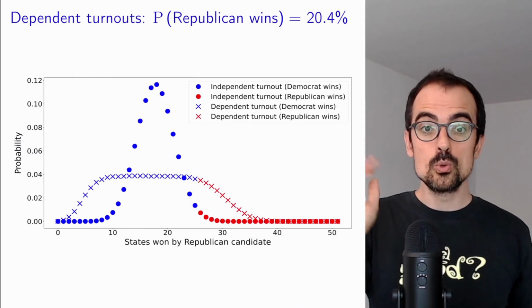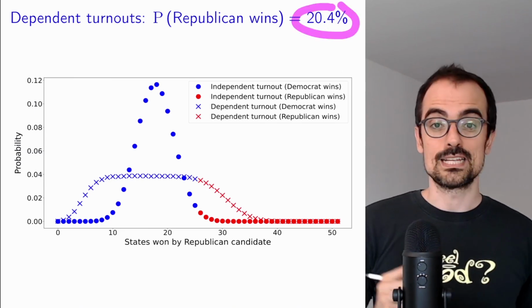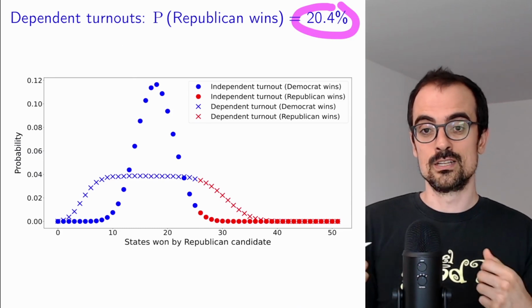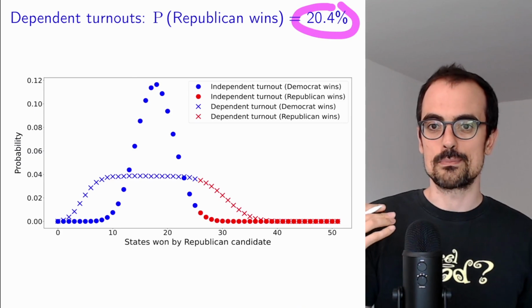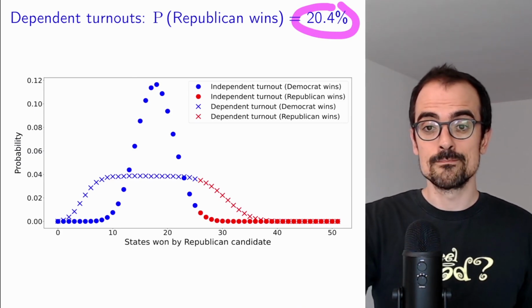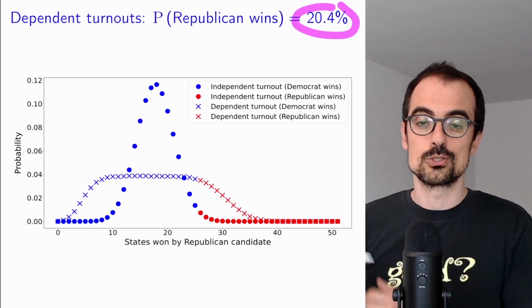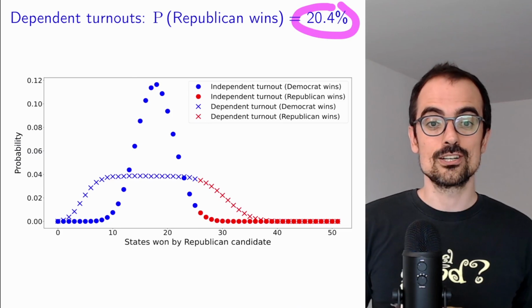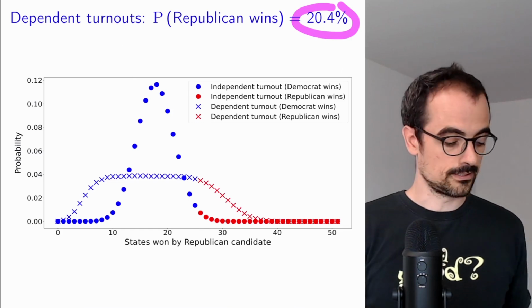So this suddenly boosts the probability that the Republican wins to 20%, precisely because all the turnouts are shared. When the rule turnout is high, the Republican candidate is more likely to win. And because it's happening in all of the states at the same time, then they're also more likely to win the whole election, in stark contrast to when the turnouts are independent.